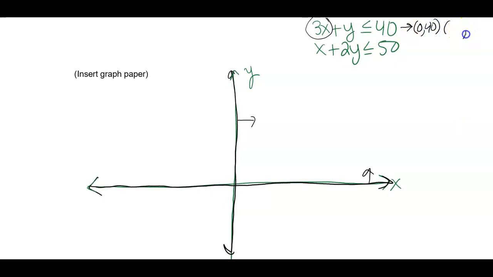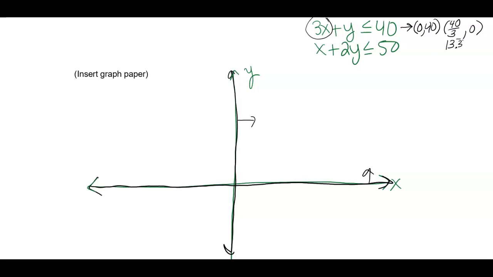And then for my x-intercept, I'm going to plug in 0 for y. Okay. So if y becomes 0, then for x I get 40 divided by 3, which is a little difficult to graph, but if I just understand that that is, let's see, 3 goes into 4 once, 1 left over, 13 and a third, if you're having a hard time understanding where to put that.